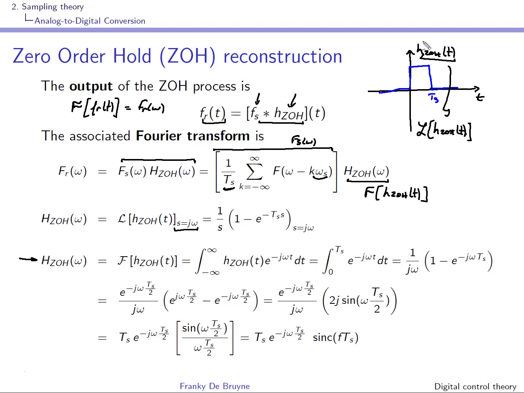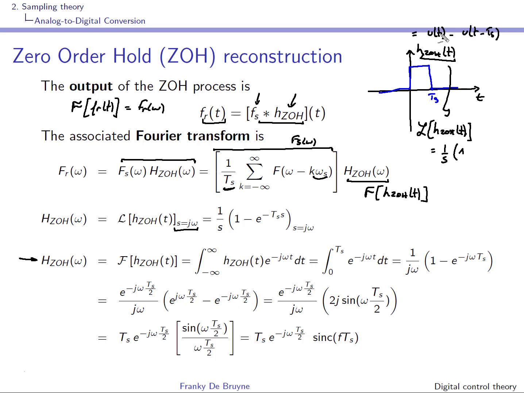Okay, so maybe let's first construct the impulse response itself. It will be u(t) minus u(t minus Ts). If you take the Laplace transform, this will be 1 over s, because of the steps.